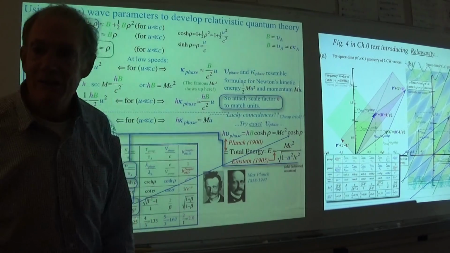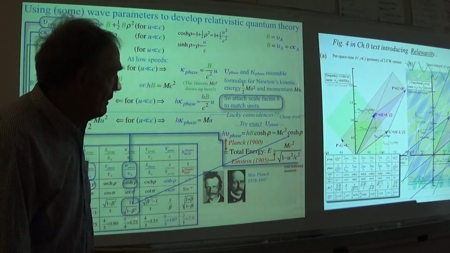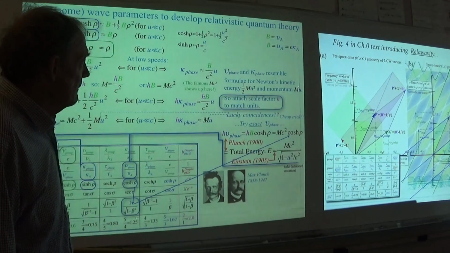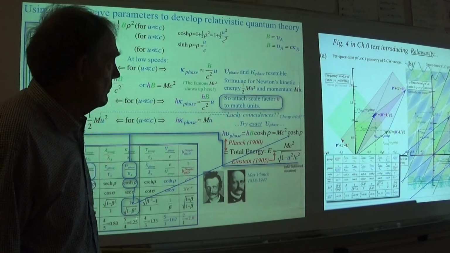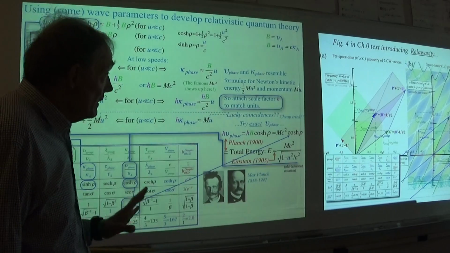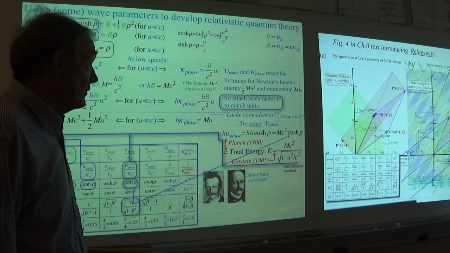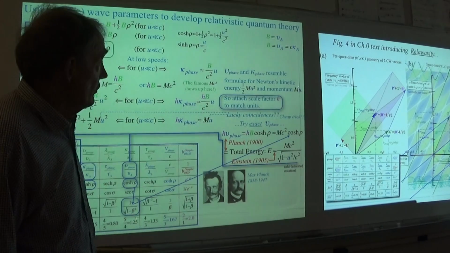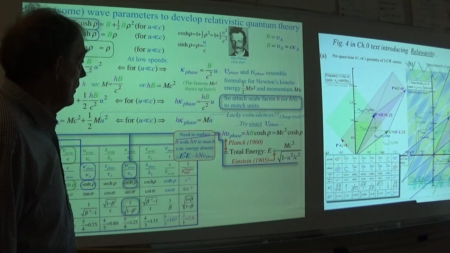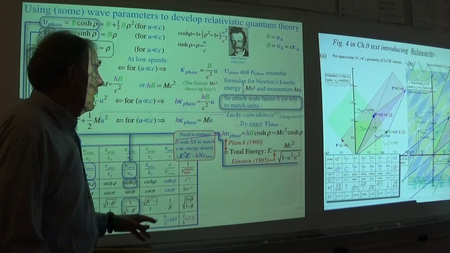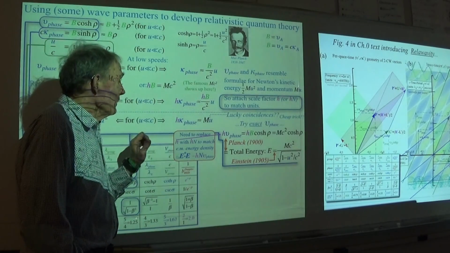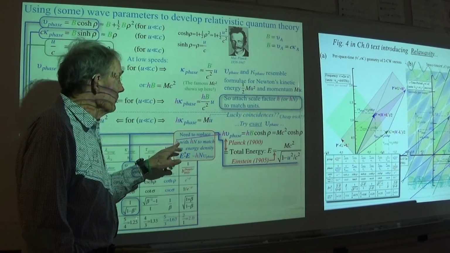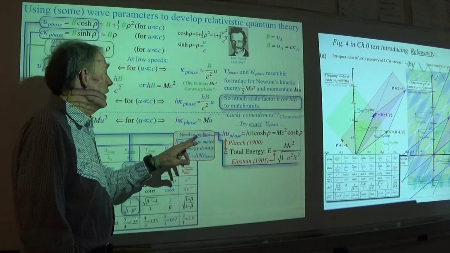Okay, very harried, right? After he came back from the Solvay conference, having made a big splash by getting the Planck distribution to fit experimental results by assuming that the energy of the light was given by a constant times a frequency, but actually it was a constant times n times the frequency.